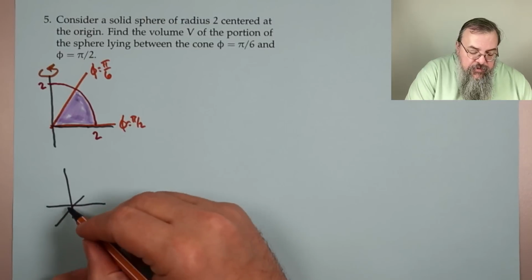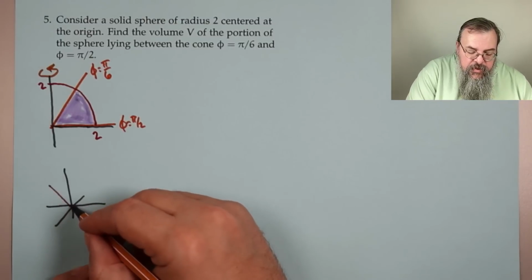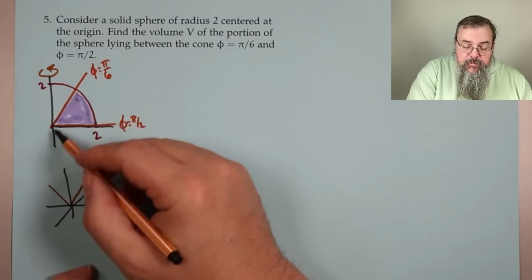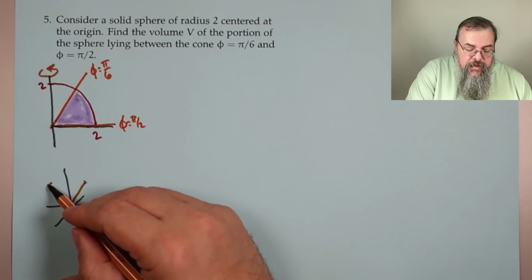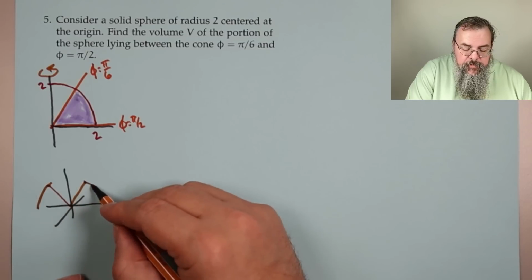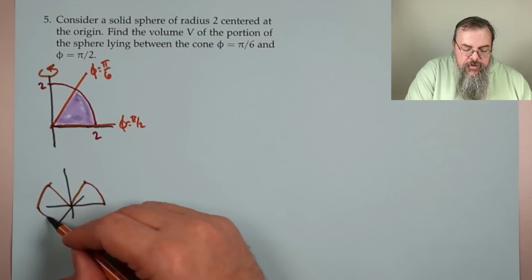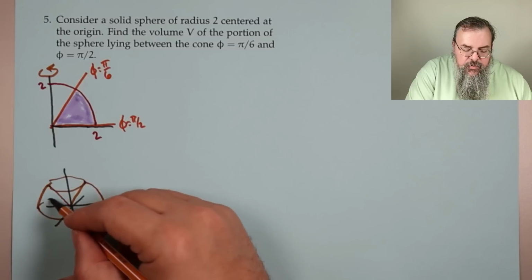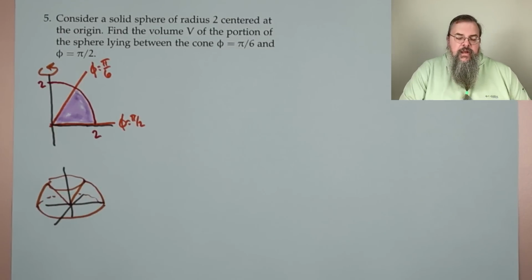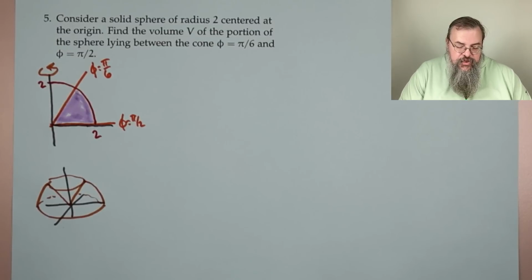Well, we have this sort of inner cone here. That's this phi equals pi 6. We go out to a distance of 2, and then we have the sphere coming down, and we spin here. So we have cone, and so that's our basic shape.